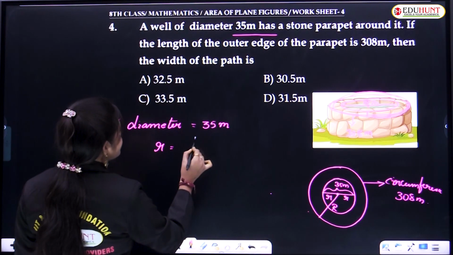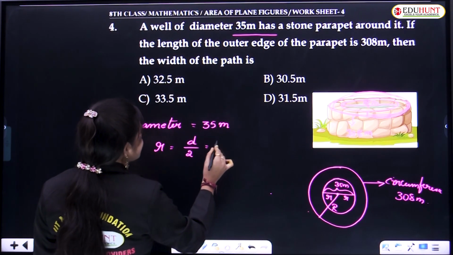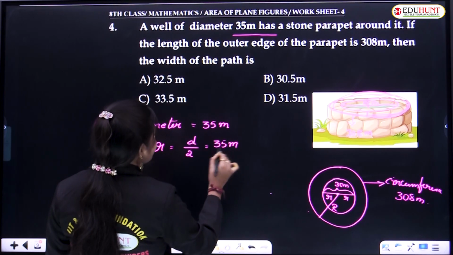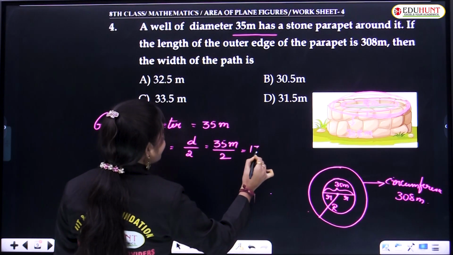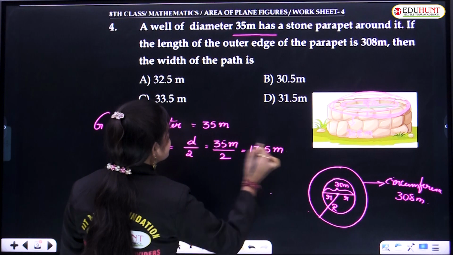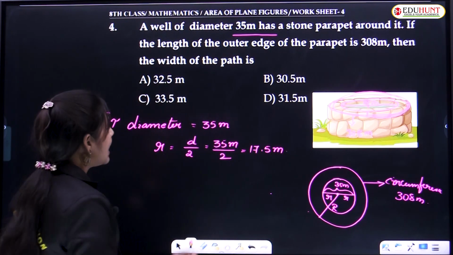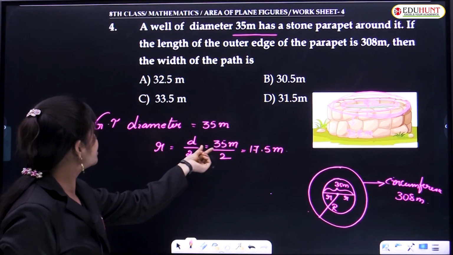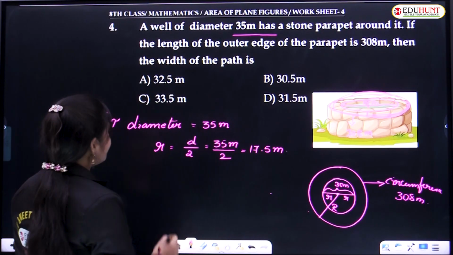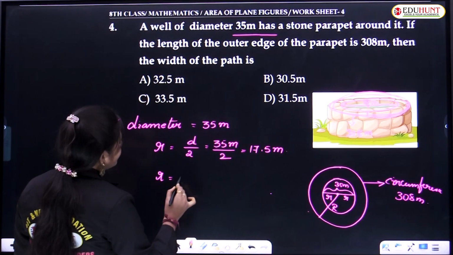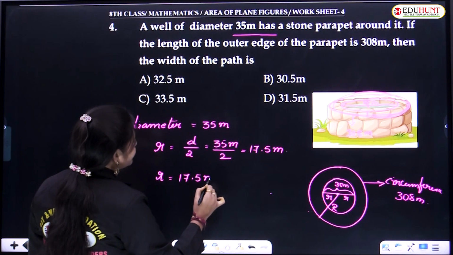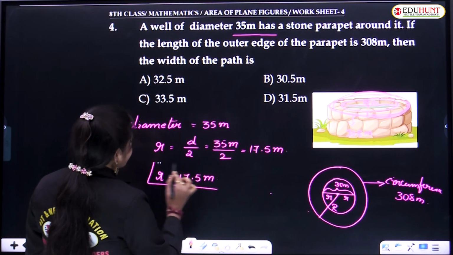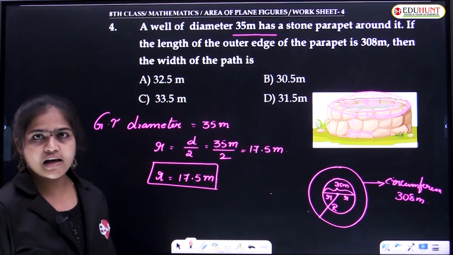Now r is equal to D by 2, which is equal to 35 meters by 2. Then here 17.5 meters. 2 17s are 34, and here 0.5 means 2 into 5 is equal to 10. Then r is equal to 17.5 meters. We got small r.